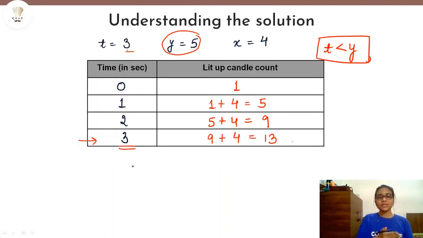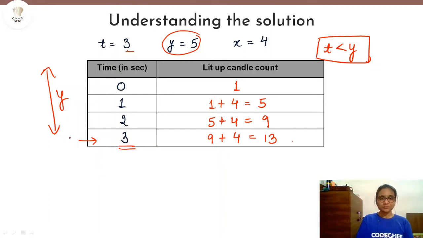Earlier, we also had to count the number of candles that will get extinguished. But here, as we have already established, for the first y seconds, no candles will be extinguished. This we established when we discussed the previous case, and this will always be true.